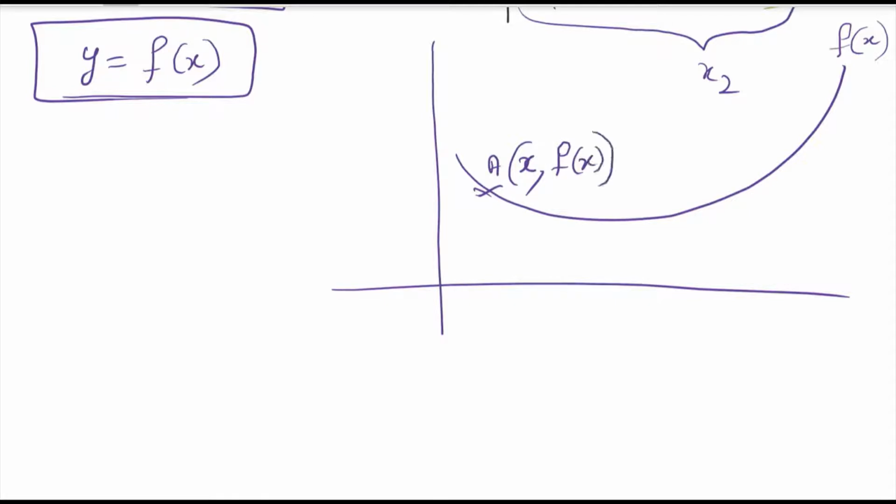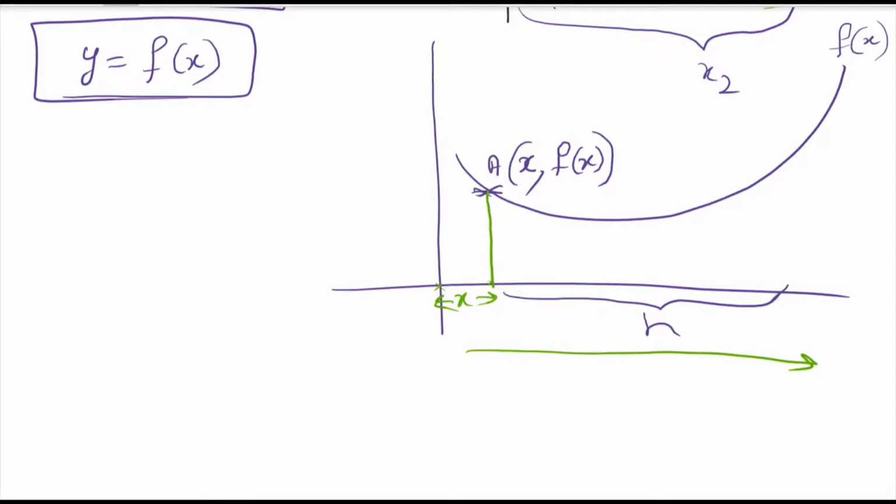Now here I am changing the terminology. When I say x, it is the distance of this point along the x-axis from the origin. Along this direction, if I move a distance of h, then my new x coordinate will be x plus h.